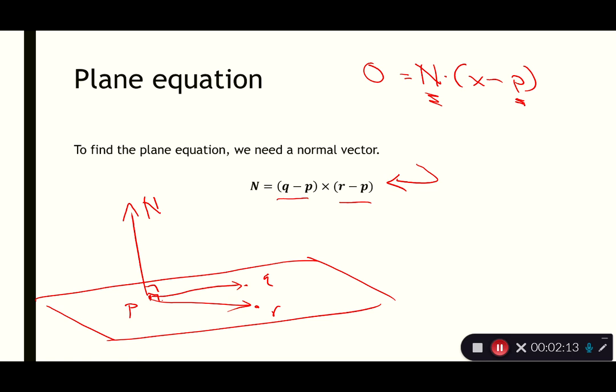Maybe we accidentally get the 0 vector, some degenerate case, but this always turns out to work so long as these 3 points don't lie on the same line. So that gives us a normal vector, and we can plug that back into our plane equation up here. It's very convenient. It takes a little bit of calculation because it involves a cross product, but that is what it is.